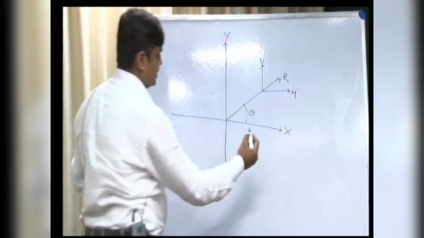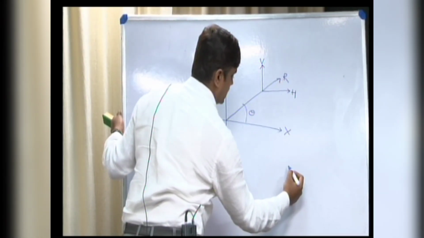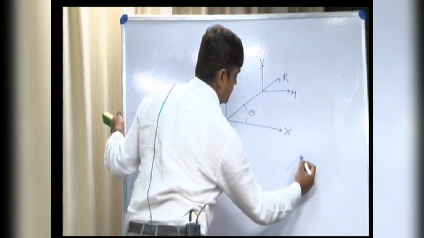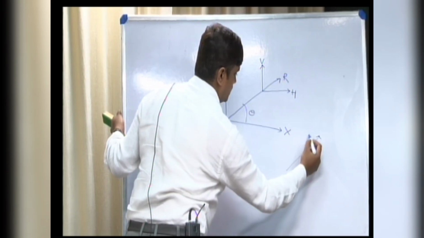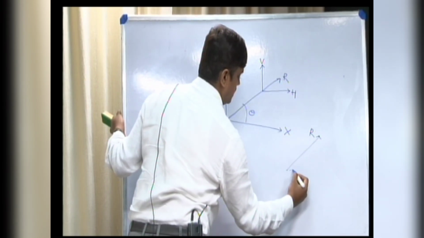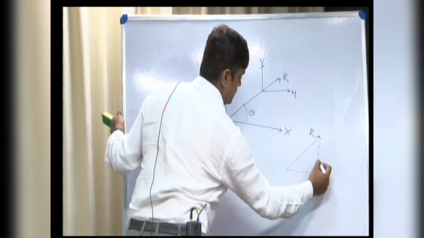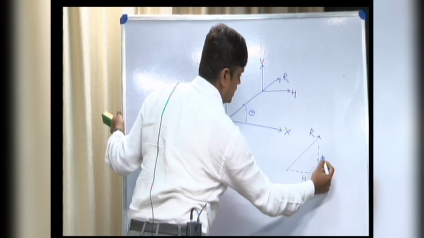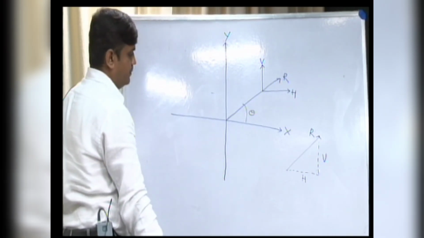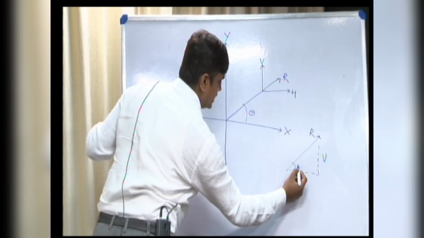When you draw the triangle, R, this is the horizontal component and this is the vertical component with an angle theta.